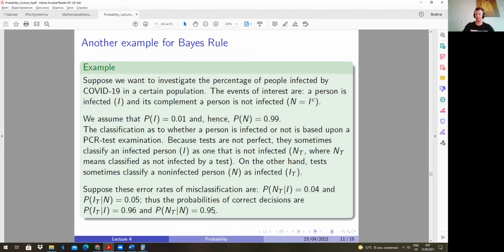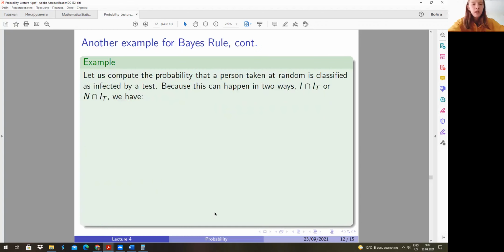So should I go back to these numbers? Okay. We need to find a probability of IT, the probability that a randomly chosen person is classified as infected.